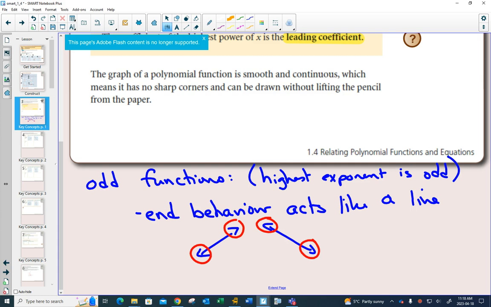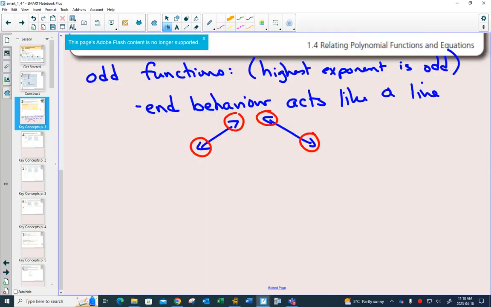So odd functions will either start down here and end up here, or start up here and end down there. They're going to act the same way lines do, but they'll have extra stuff in the middle. But when we talk about end behavior, we're just talking about where things end.